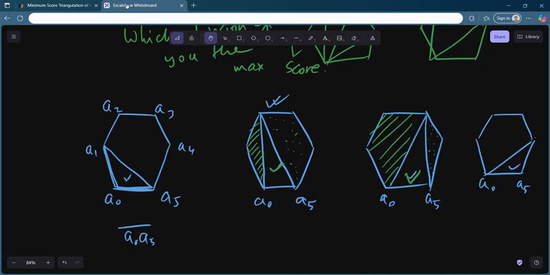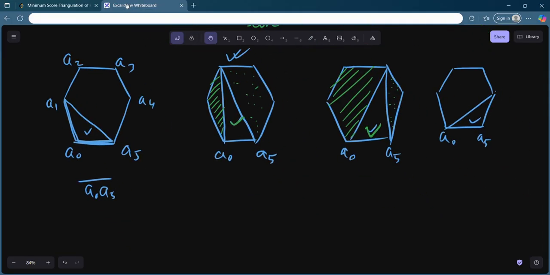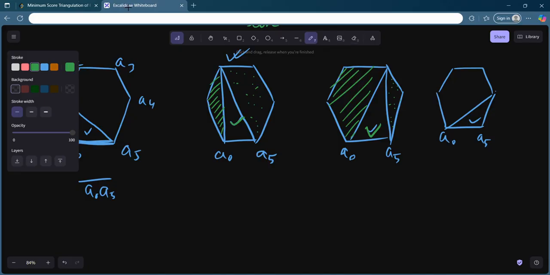So if I want to ask you to give me a triangulation score for this, what will you tell me? You can tell me that my polygon score, let's call it poly score, will be equal to my left polygon score, left p score, plus these three vertices.